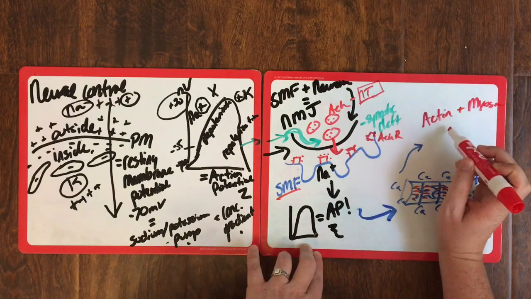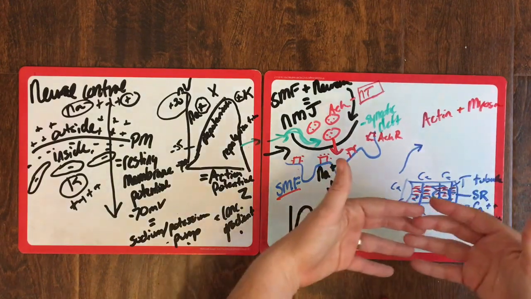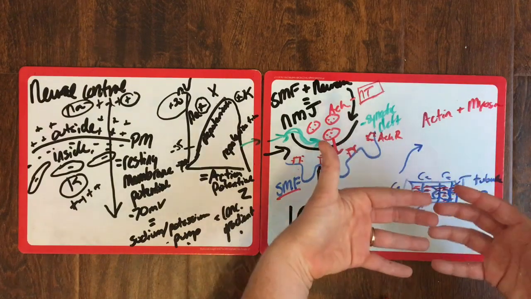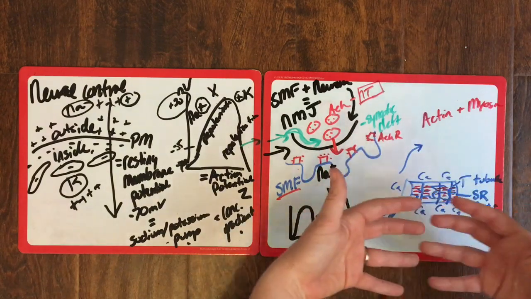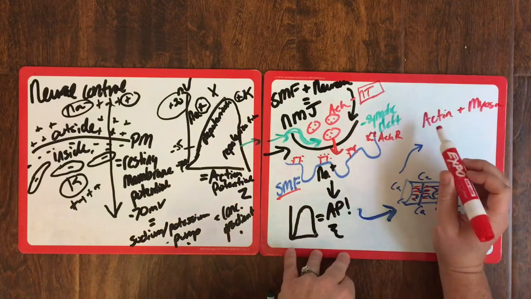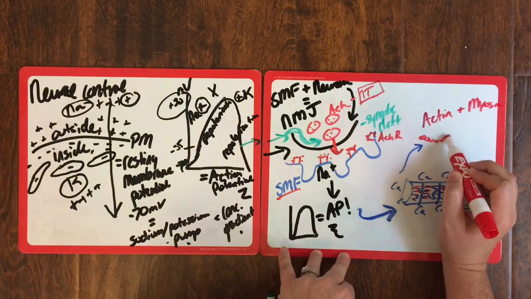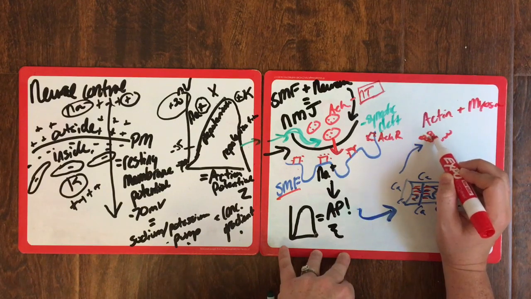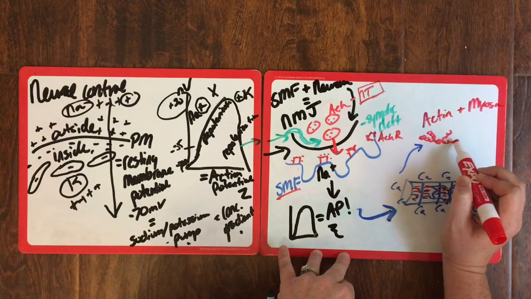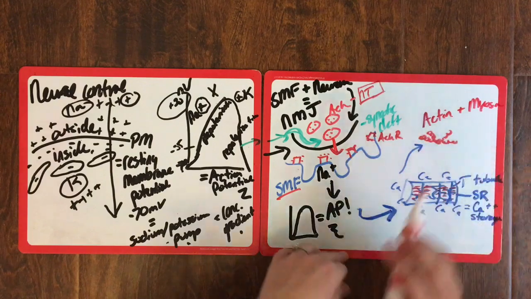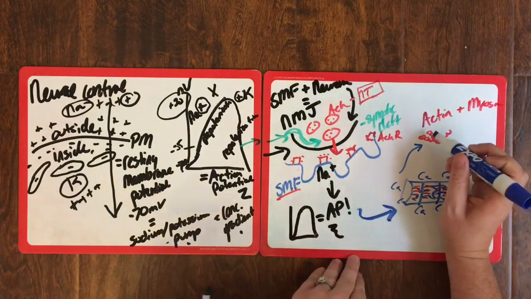So actin and myosin, when they bind together, they do something called the sliding filament theory, and that's for muscle contraction. Now the thing is, they can't bind together really. Actin looks kind of like a twisted strand of pearls, and it has things blocking it. It has guard dogs, okay?